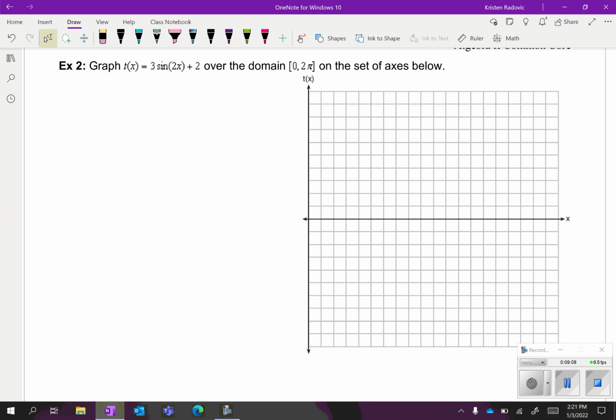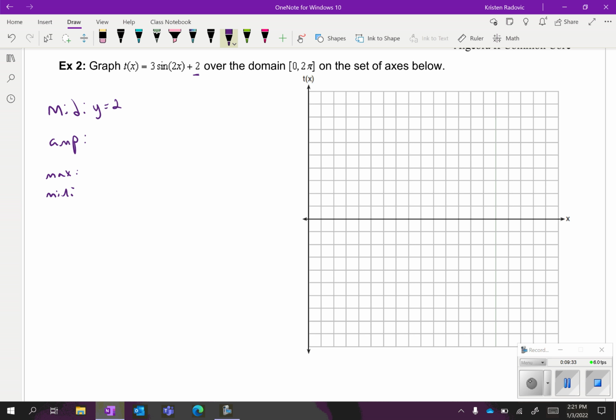We're going to do the same exact information, just like before, actually rather yesterday, and we need a midline, an amplitude, a maximum, and a minimum. So our midline here is what you're adding on to the equation. That would be y equals 2.